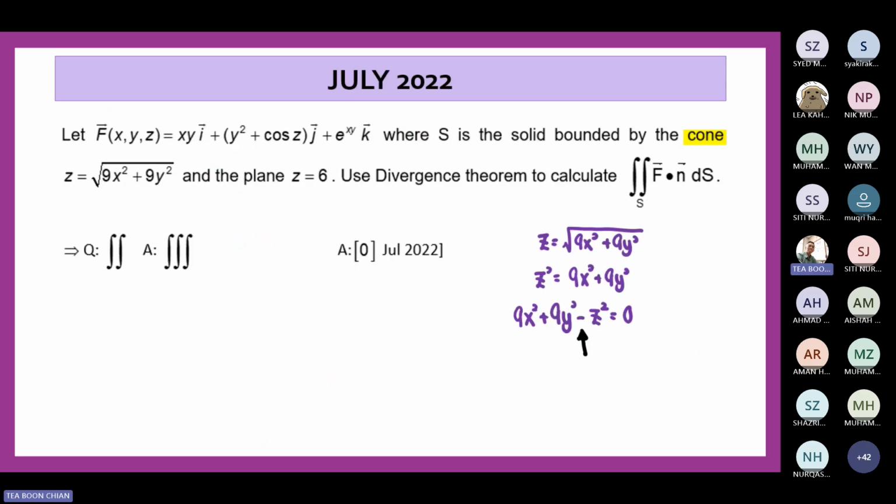If after you rearrange, one of the operations is minus, then this is not a sphere and most probably is actually a cone. So this is why a cone is kind of special, because it looks like a sphere, but actually it's not. So this is the first thing that I would like to remind you.